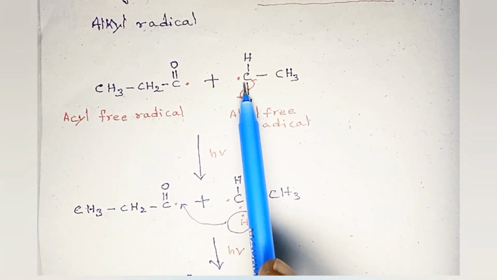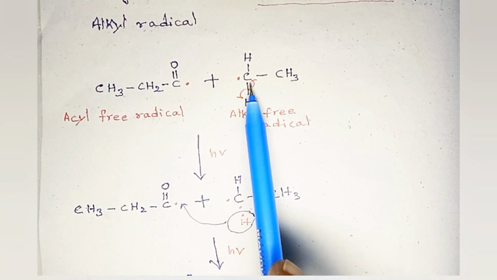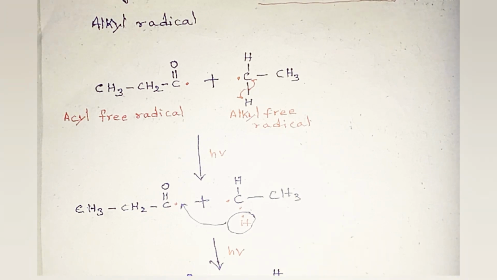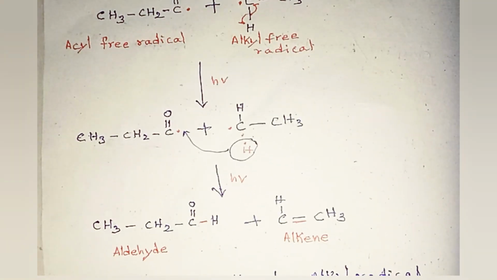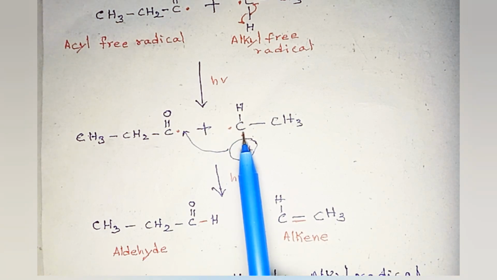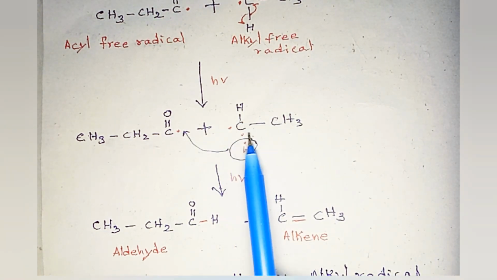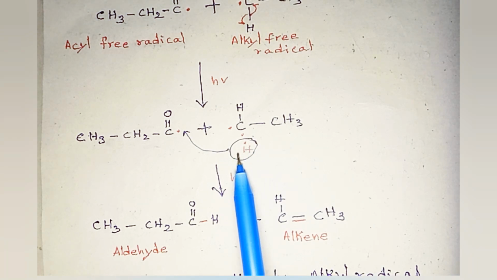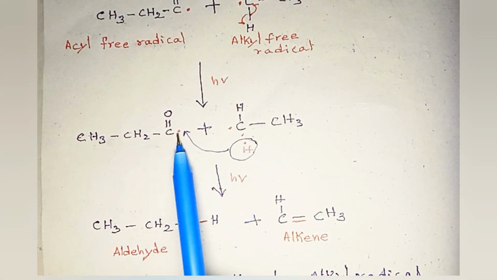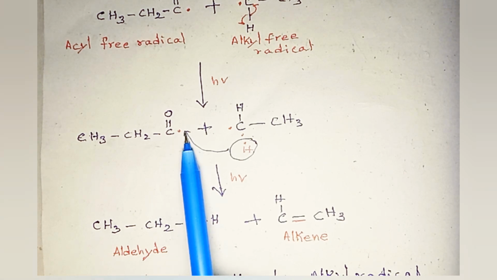In the alkyl free radical, the bond between carbon and hydrogen is cleaved, as a result of which there is another radical formed at this carbon, and this hydrogen along with its radical is abstracted by this C double bond O radical.